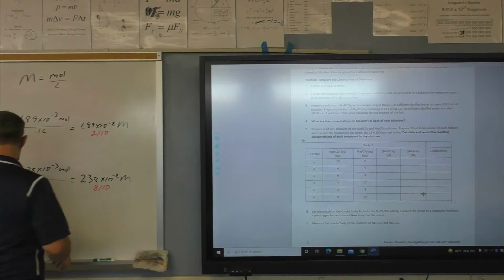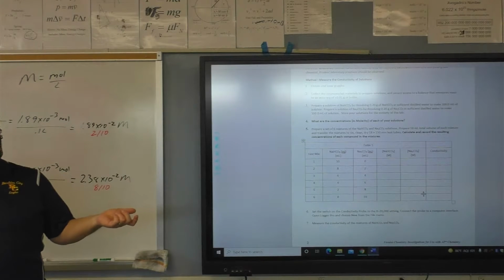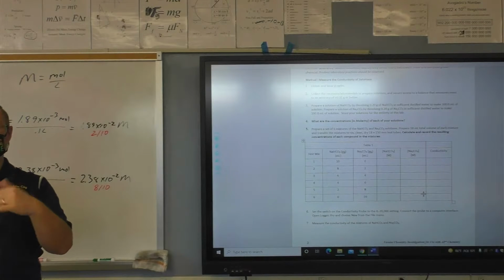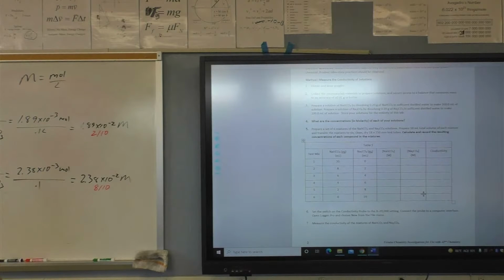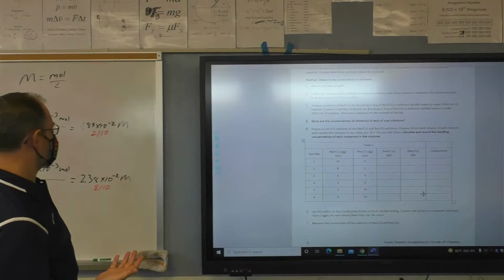Back up. Did we do that? Because we added them together, right? Yeah, we could. They have the same volume. If they have the same volume, you can do that. If you add two solutions together that don't have the same volume, you can't do that, because you have to take the number of moles and divide by the new volume. But since they're going to have the same volume, I think we can do that.